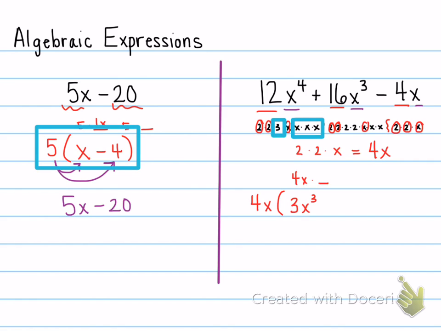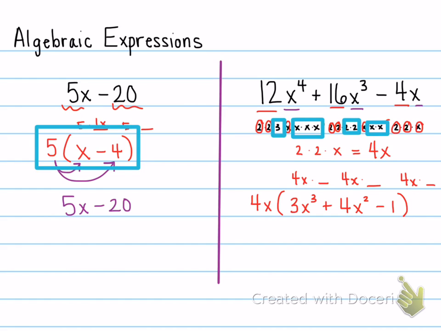In the next one, 4x times what gives me 16x to the third? I have a 2 times 2, which is a 4, and an x times x, so it is 4x squared. The last one, 4x times what gives me 4x? You see that it's 1 because there's nothing left.